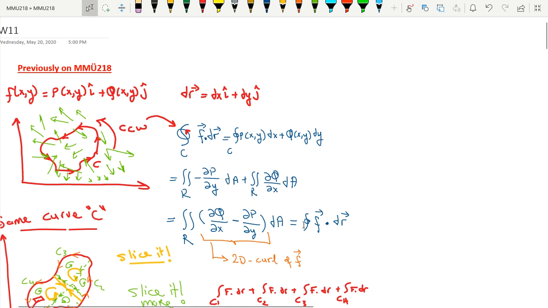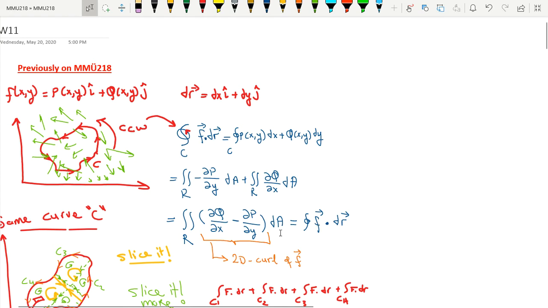But the important thing is, am I against or with the field in this case? Well, I can find that by dot producting my vector field with the position vector differential, which is the tangent to this curve. How is the tangent aligned with the force field? So the dot product gives me the alignment.